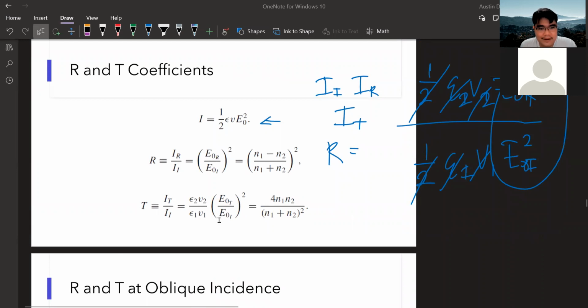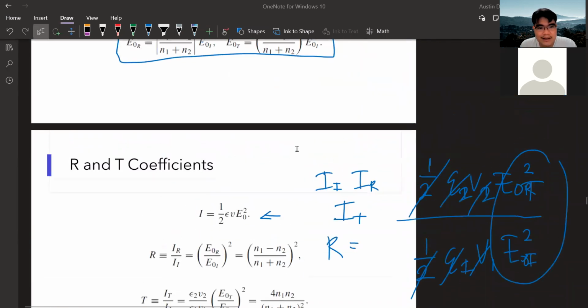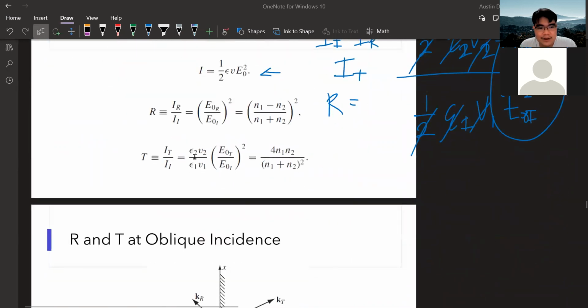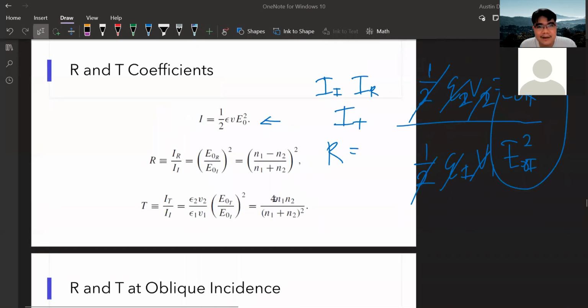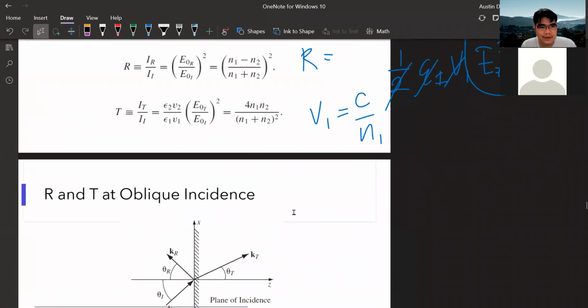So you have this. And then, madali nang tukunin kasi nakuha mo na to. Okay? So mag-i-square yan. And then, you can find out that mas simplify mo yung numerator as this by simplifying this constants. Okay? So si V1, related siya with your index of refraction as C over N1. Okay? Okay, so you have that.